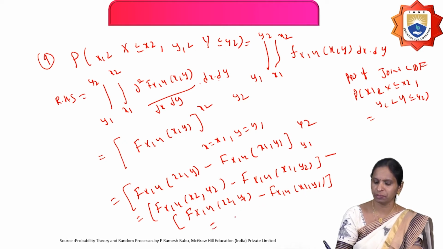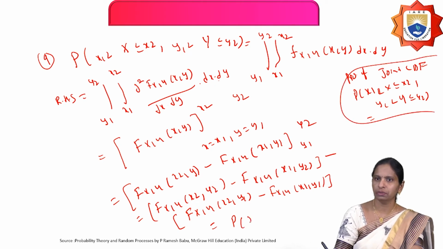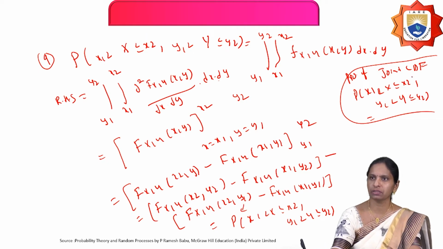So, it's nothing but what I have done here. This is nothing but P of x1 less than x less than or equal to x2 comma y1 less than y less than or equal to y2. So, where can you obtain this equation?